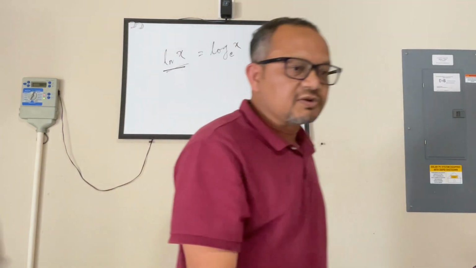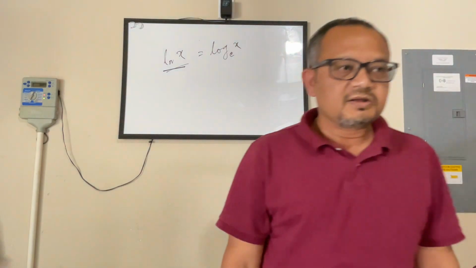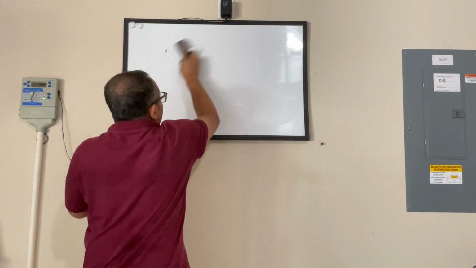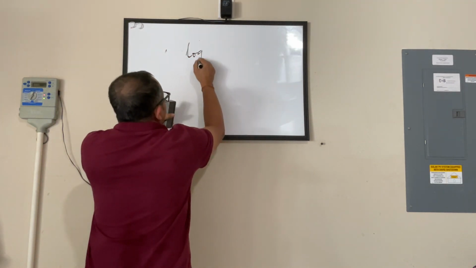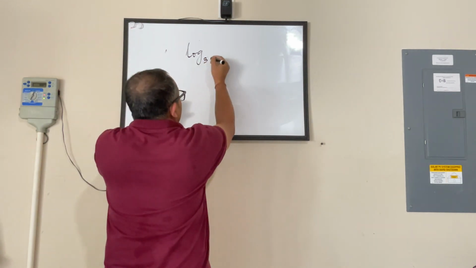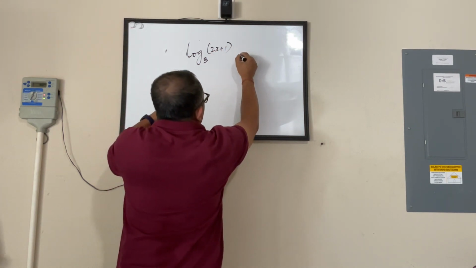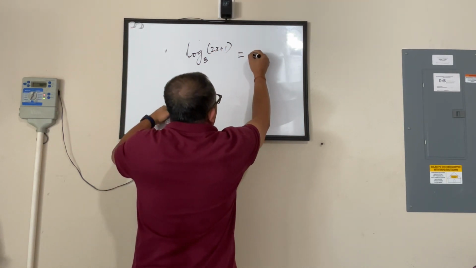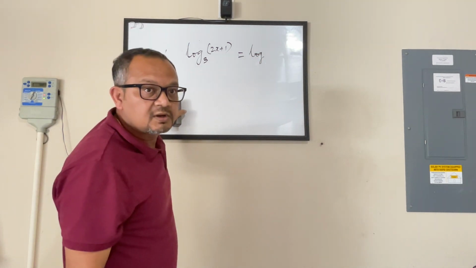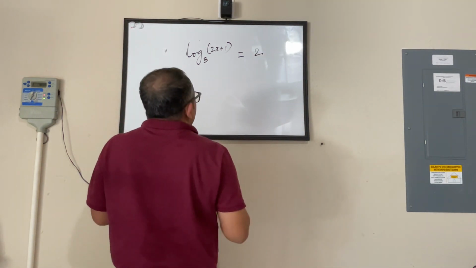Let's pick up another basic one quickly, and any other sum that we did yesterday. Okay, log base 3 of (2x plus 1) equals 2.